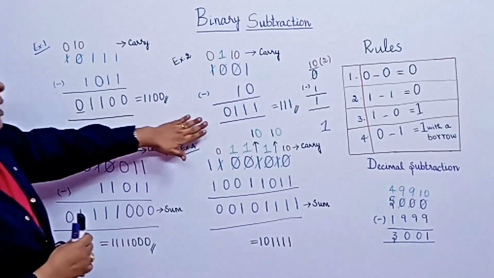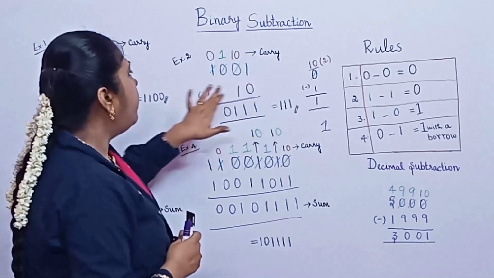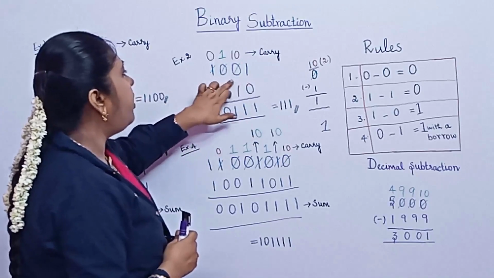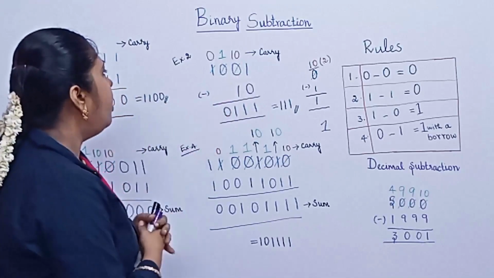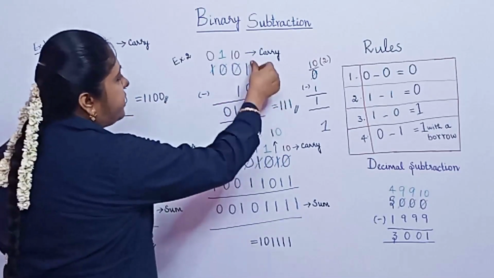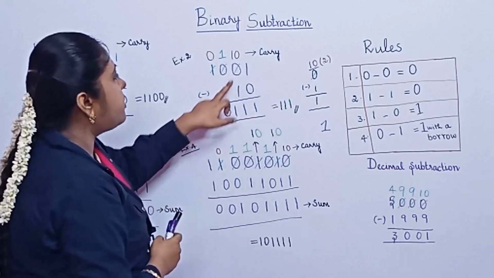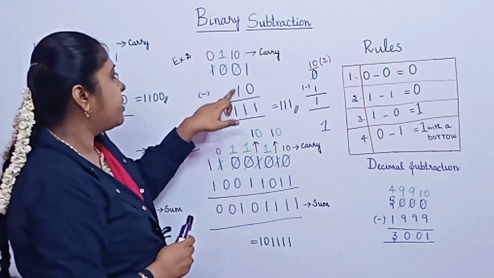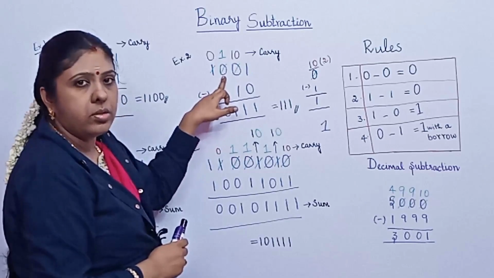Consider example 2. In example 2, we are going to subtract 1001 minus 10. The last digit, 1 minus 0, 1. 0 minus 1. What happens? We have to borrow. But the next digit is also 0.